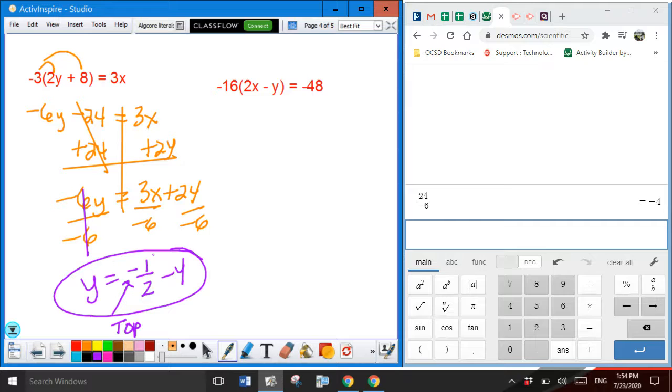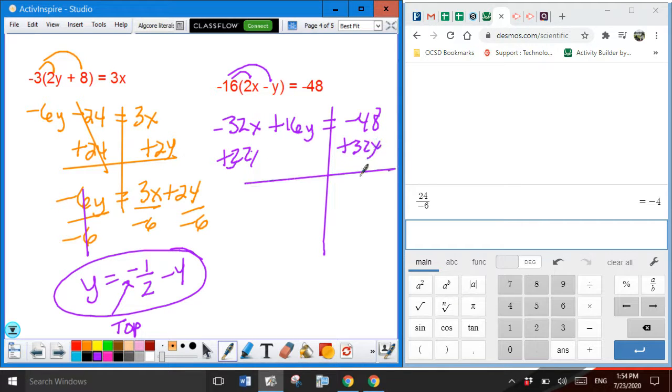Okay, go ahead and distribute on the next one and see if you can solve for y. So a negative 32x, a positive 16y, and a negative 48. Okay, we're going to add the 32x. So 16y equals 32x minus 48.